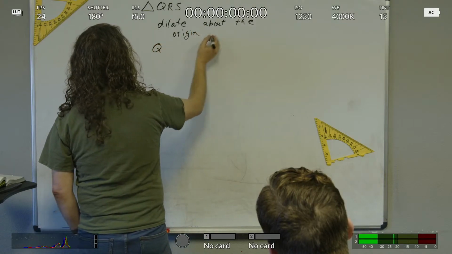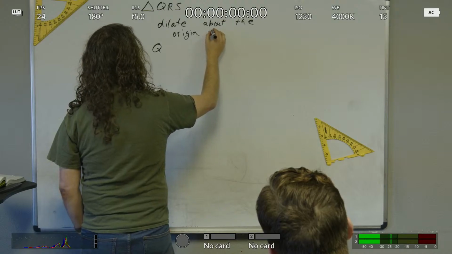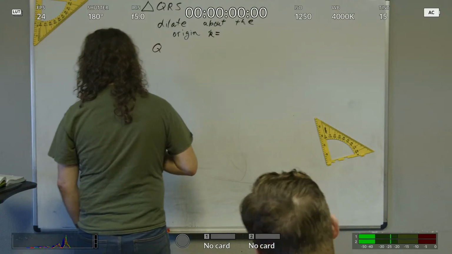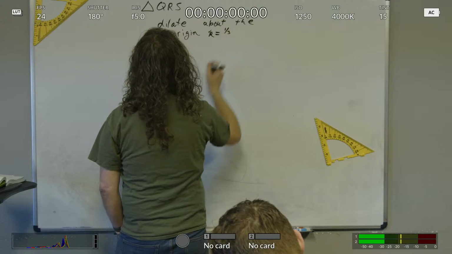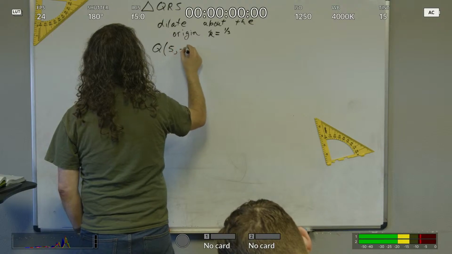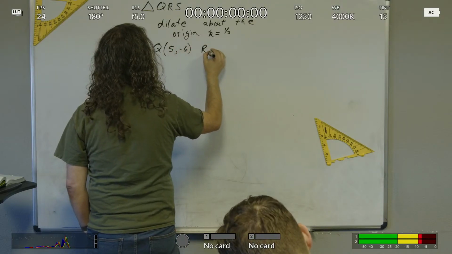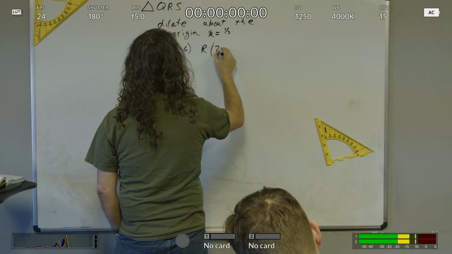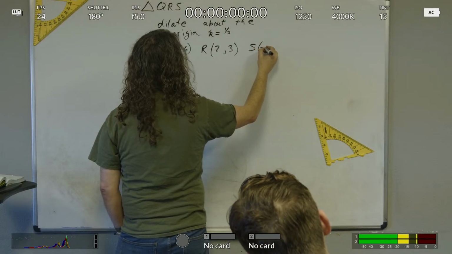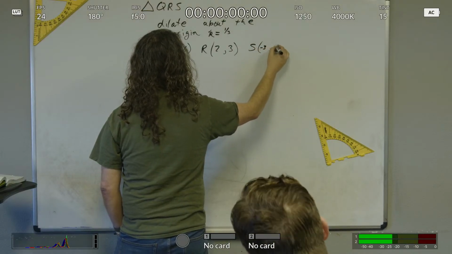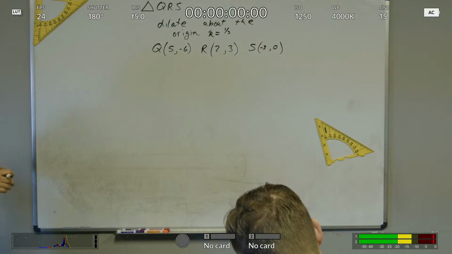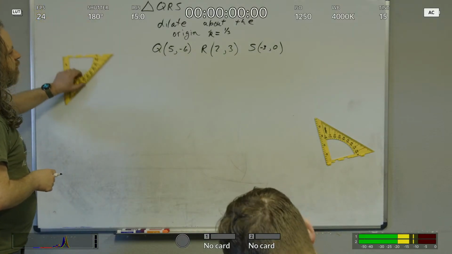The scale factor, K, is 1/3. Q is at 5, -6. R is at 2, 3. And S is at -3, 0. So, what do you think we should do first? I think that's a great idea. We should totally draw a pretty picture.